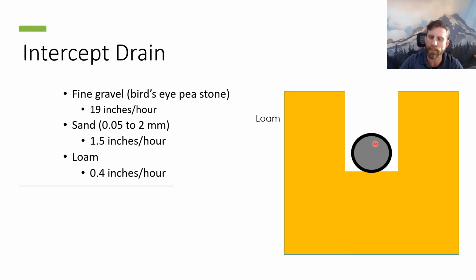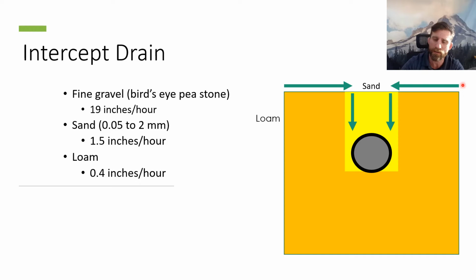We then put a drain tile in the bottom of it, and we backfill this area with like a fine gravel or a sand material. Let's say we use a sand material with an infiltration rate of 1.5 inches per hour. So that's going to be substantially greater than the loam soil, which is 0.4 inches per hour.